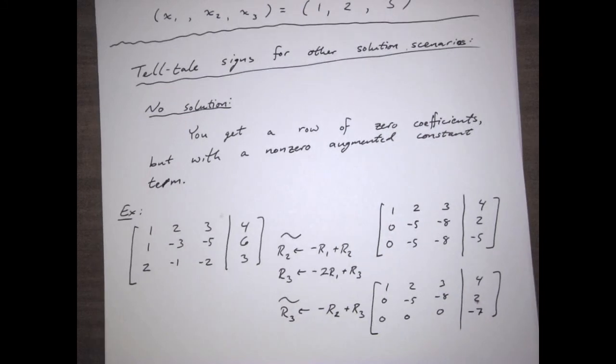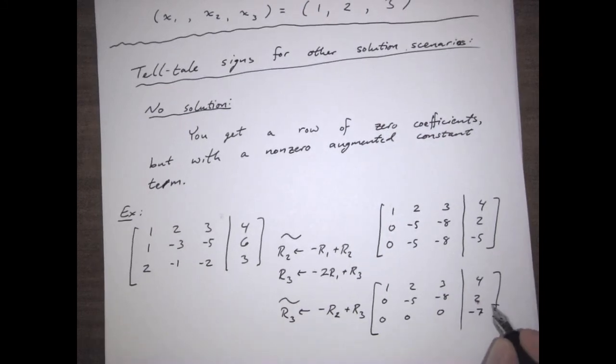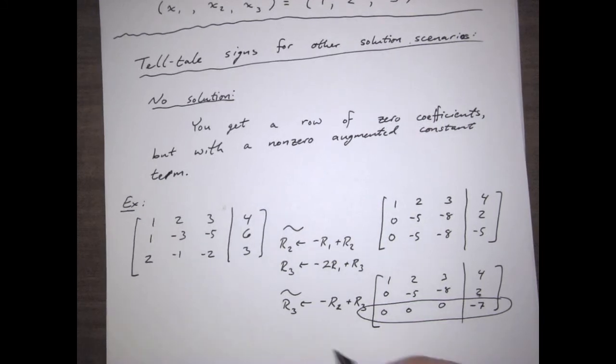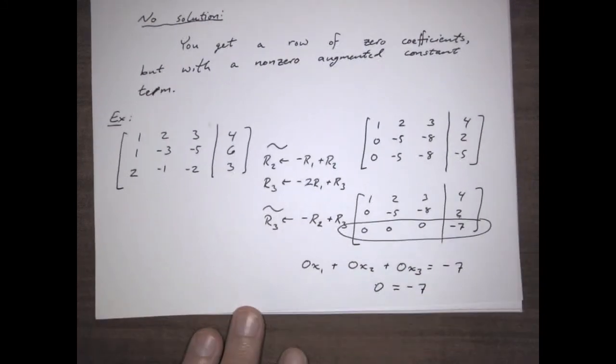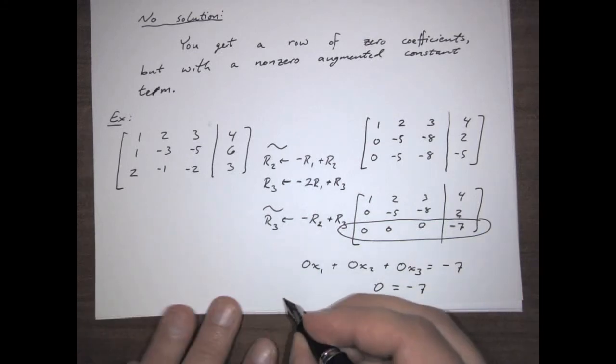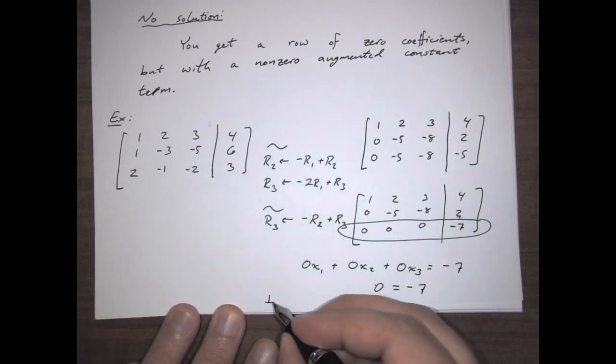And here, you'll notice something funny about that last little row. As written here, what we've got is 0 times x1 plus 0 times x2 plus 0 times x3 equals negative 7. So in other words, 0 equals negative 7, which is a contradiction. There is no way 0 equals negative 7. And that is a contradiction, meaning that the system is inconsistent.